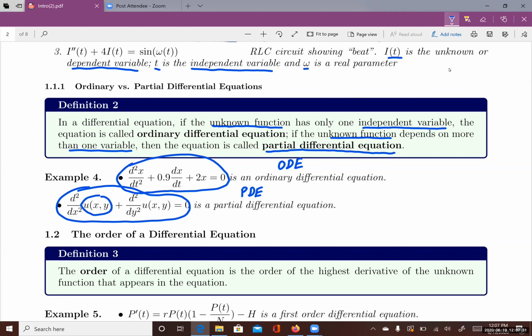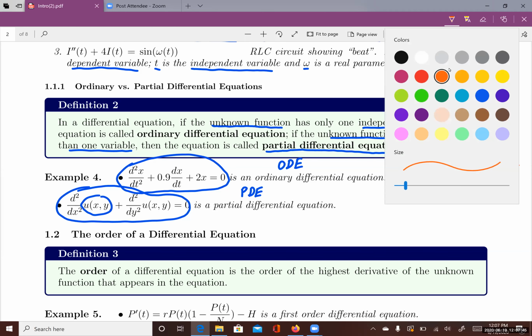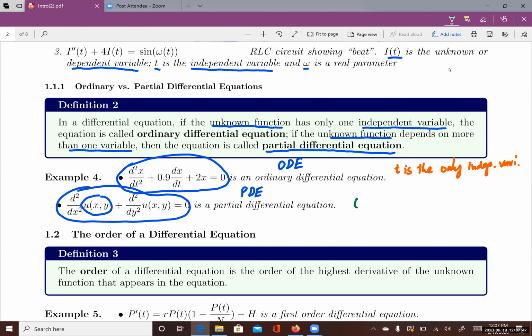Again, t is the only independent variable in the first case, and in this case, x and y are two independent variables. So that's why the second equation is a partial differential equation.